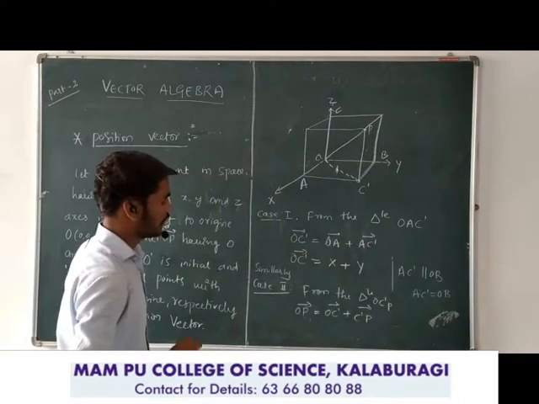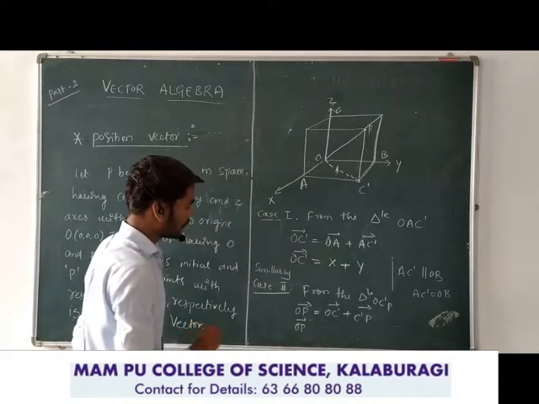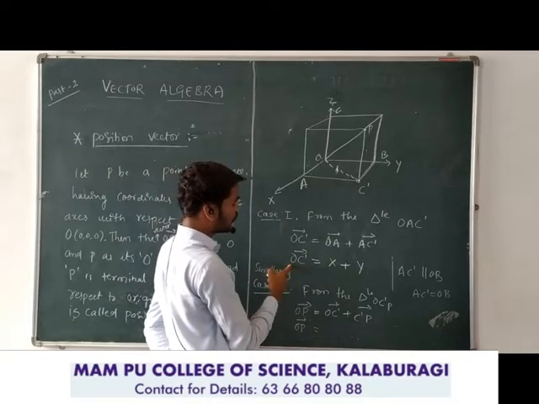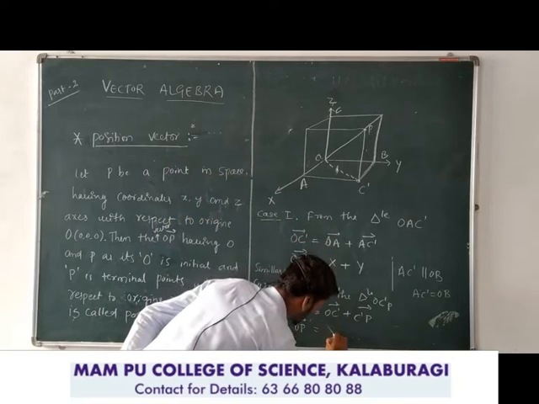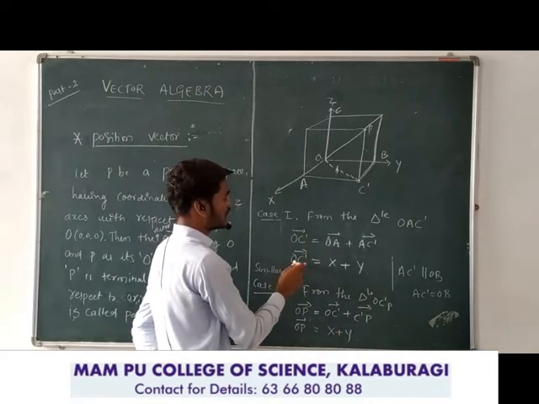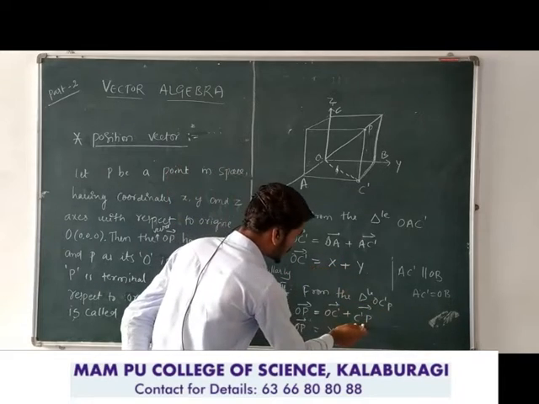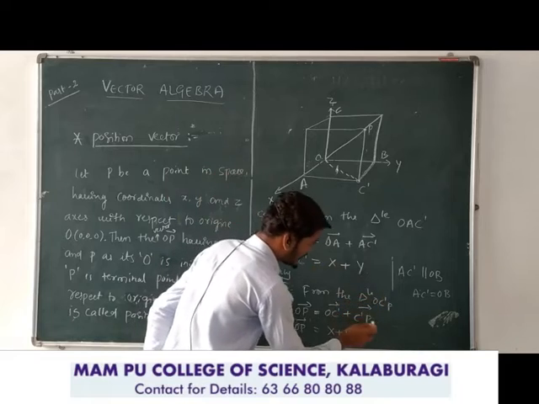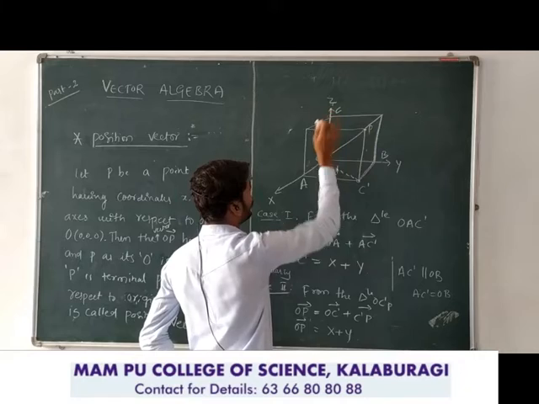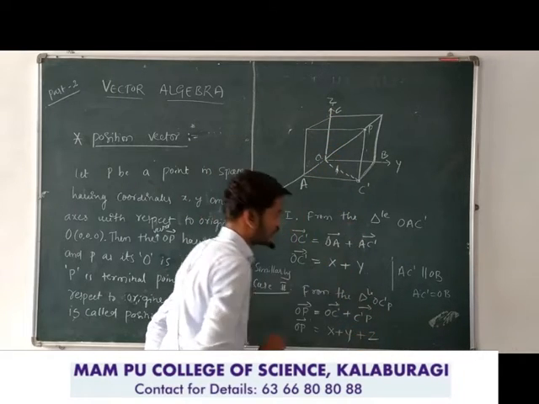Here the value of OC dash vector is x plus y, and C dash P vector is parallel to OC, so I can write z.